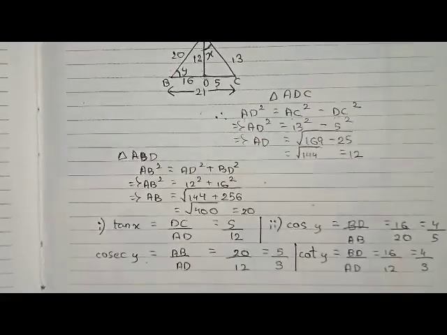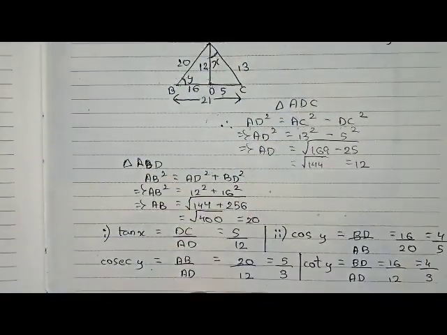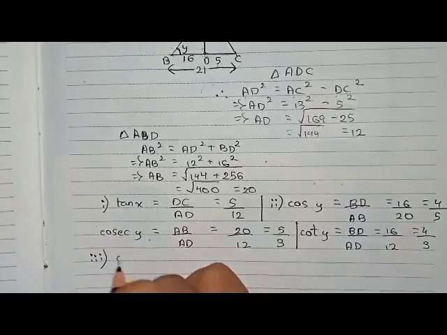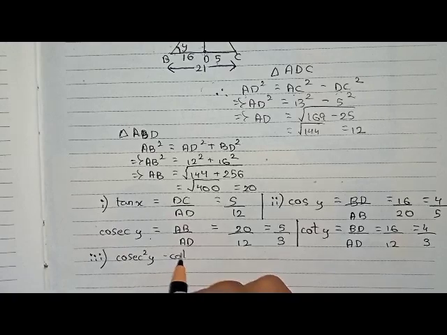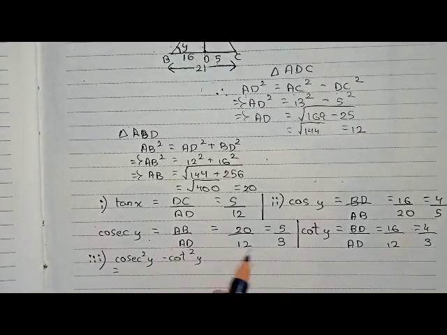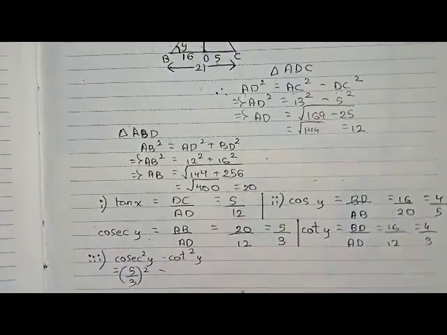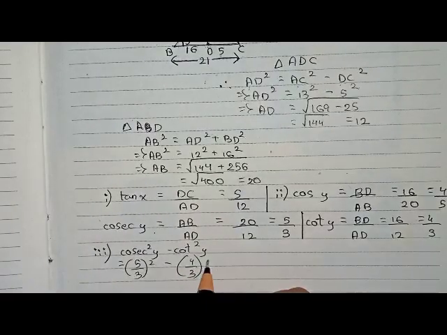Now I can apply this formula so that we can evaluate this portion. So our third part says cosec square y minus cot square y. So cosec value we have got, that is 5 by 3. So 5 by 3 to the power 2 minus cot, that is 4 by 3, so 4 by 3 to the power 2.